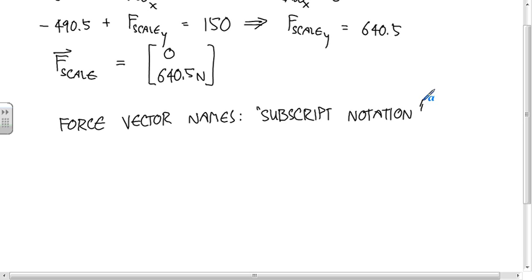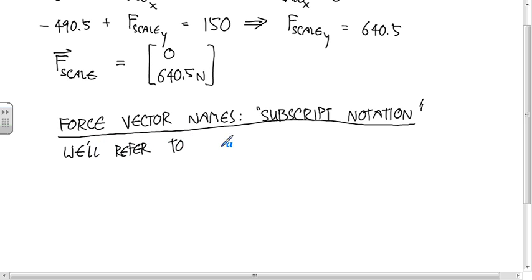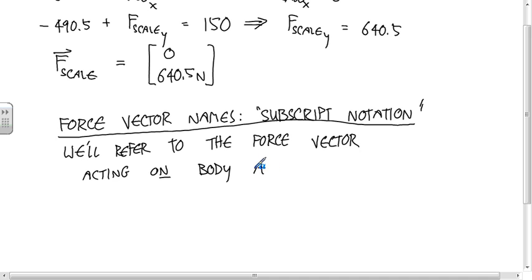And so we'll refer to the force vector acting on body A by body B as FAB. Okay.